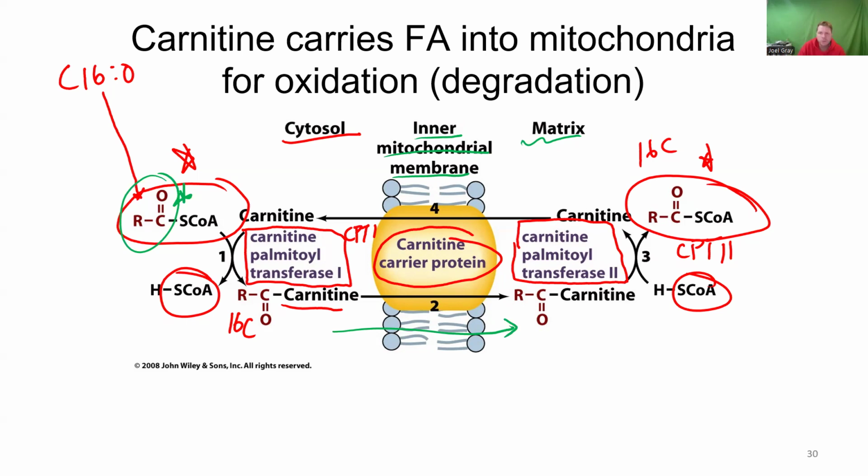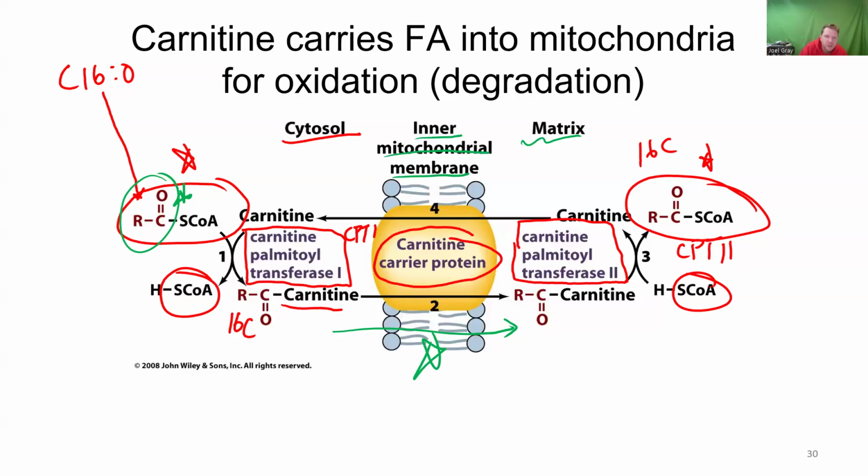Perfect. O2, CO2. Yeah, O2, H2O, and CO2 are your big three that can move across that membrane pretty easily. This inner mitochondrial membrane is super selective though. And so we can't take a largely non-polar molecule like a 16 carbon fatty acid and just say, go ahead, jump across the membrane. Instead, we have to basically attach it to something that can move across a membrane.